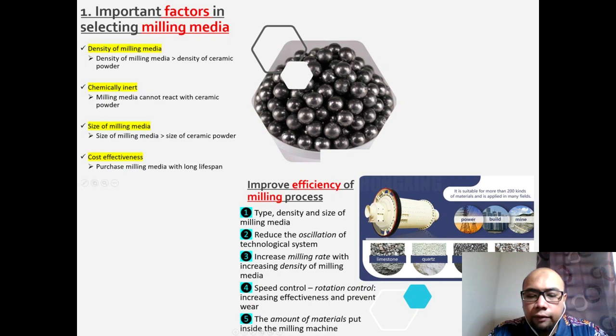If you use the same size of milling media, the contact area between them is limited. So we continue about the size of milling media. In this case, we need to use different sizes of milling media in order to increase the efficiency of the milling process.